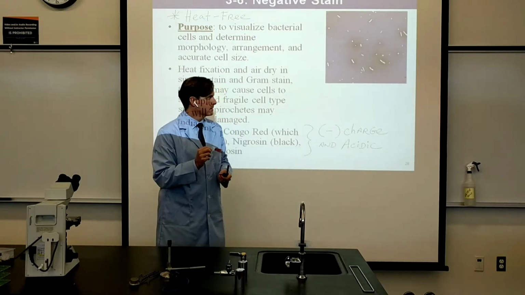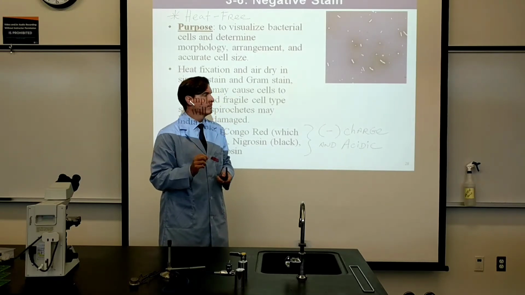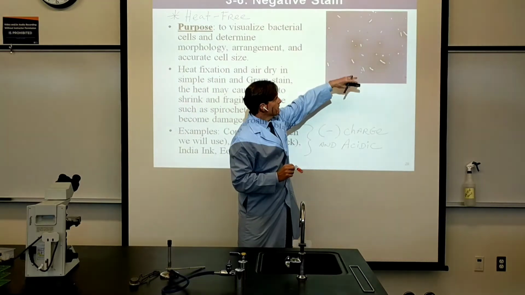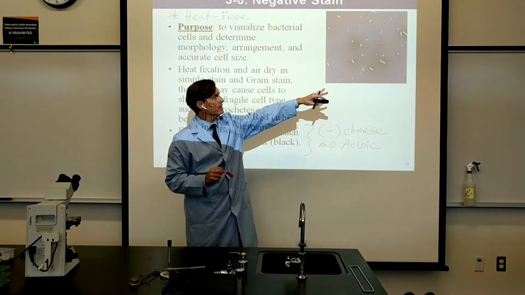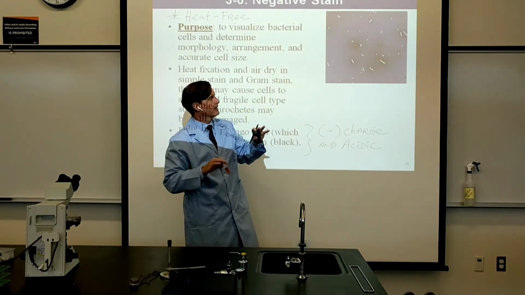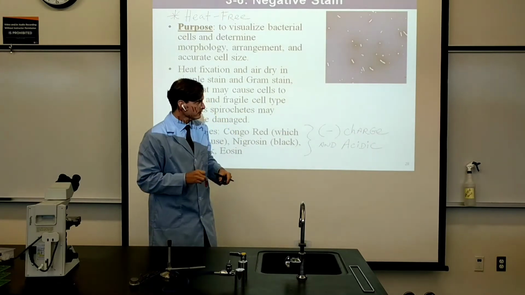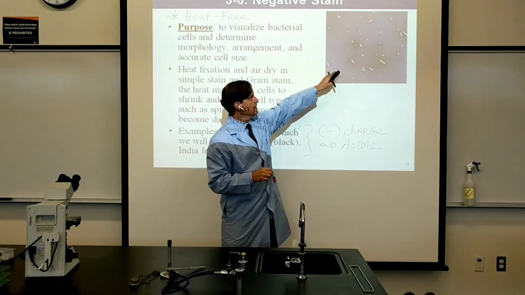However, before I take a look at that, I want to remind you guys of what you're looking for. You'll likely see a lot of ordinary bacteria that appear clear, colorless, because they repel the dye in the negative stain, and then the background will have the dark color, so you can have some contrast to see the bacteria.